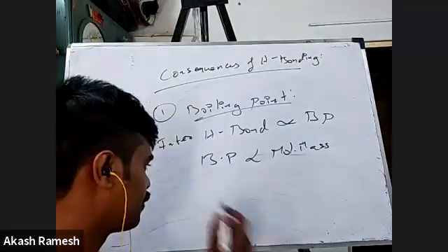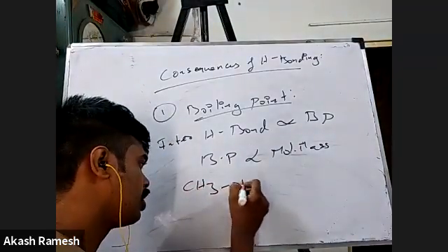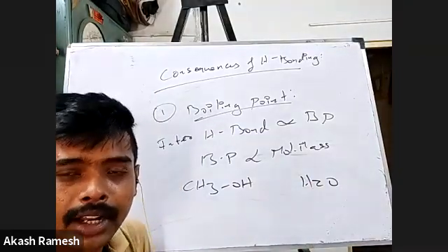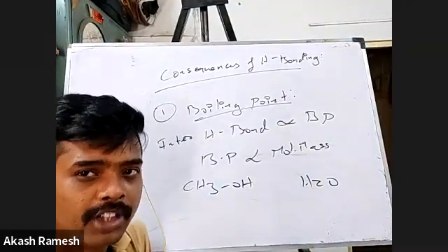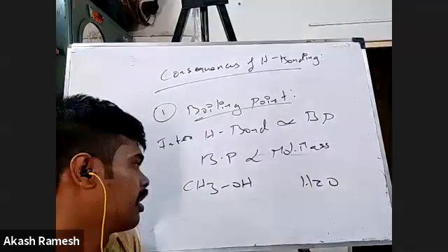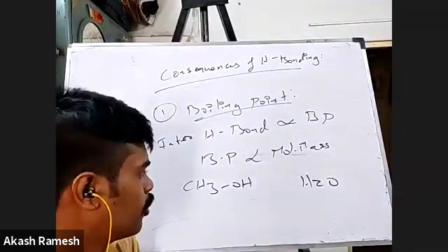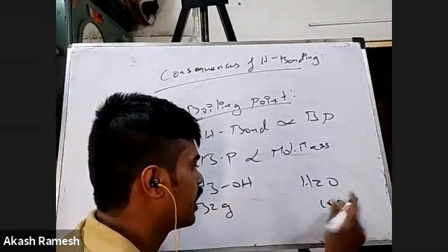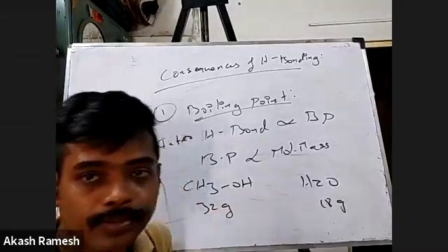Let me take an example: methanol and H2O. Now look at the molecular masses. For methanol it is 12 plus 4, 16, 16 plus 16, 32 grams. Here it is 18 grams. These are the molecular masses.